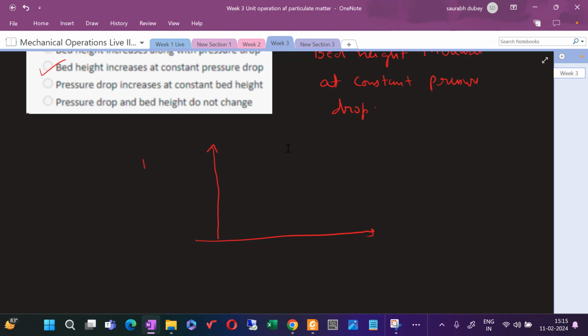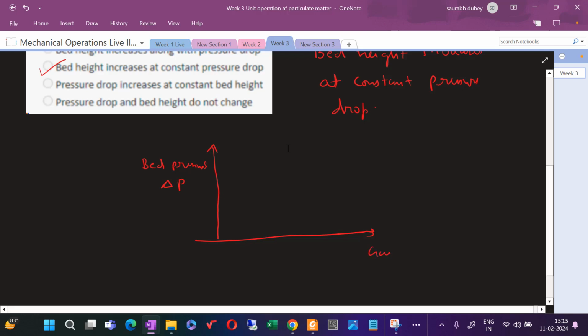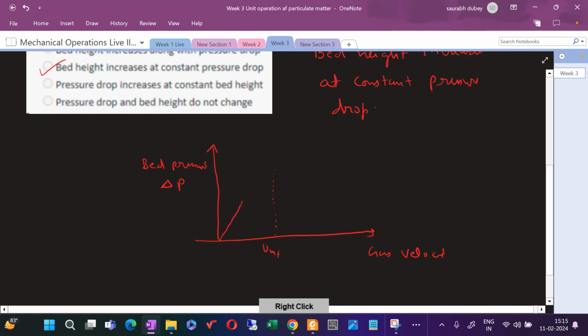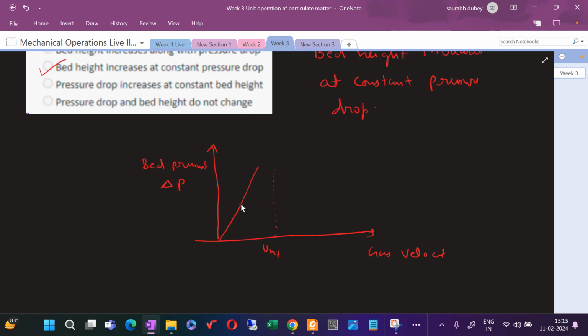This is the bed pressure drop, delta p, and here the gas velocity. This is UMF, the minimum fluidization velocity. Up to UMF we had the pressure drop increasing with gas velocity, and then it comes to an almost constant pressure drop.